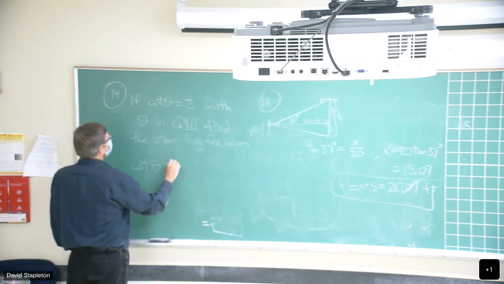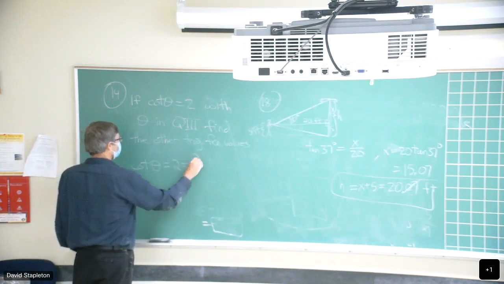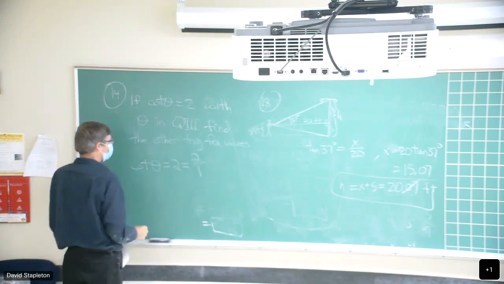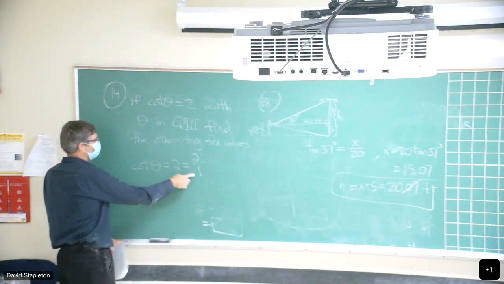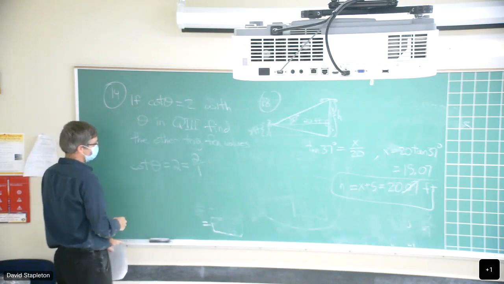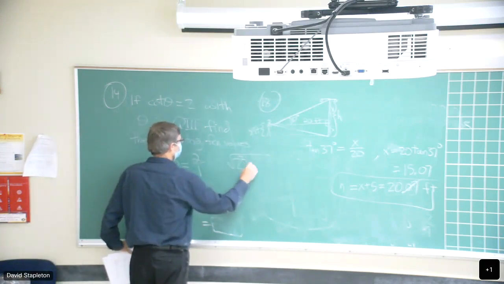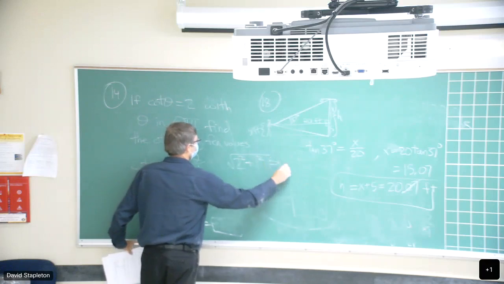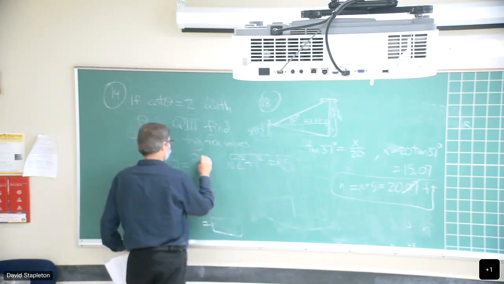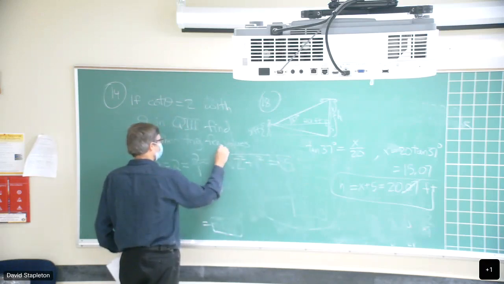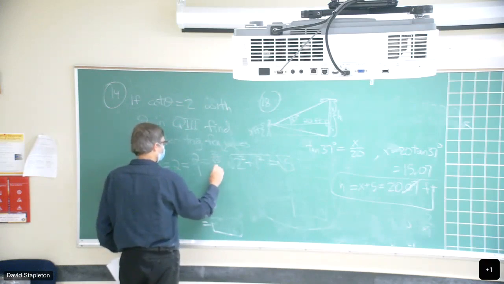Cotangent theta is 2. I can write that as 2 over 1. And if I divide top and bottom by the root sum square of those numbers, right? The root sum square of 2 and 1 is square root of 5. I'll find out that this is 2 over square root of 5 over 1 over square root of 5.